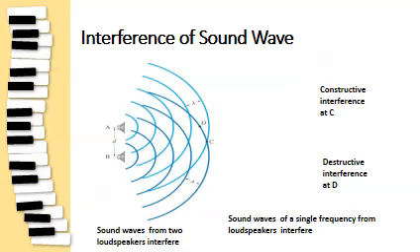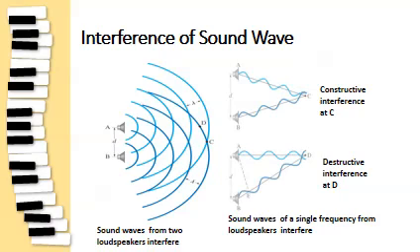The figure shows two speakers producing sound, and both of the waves will intersect each other. There's a point where the sound waves are in constructive interference, where you're going to hear the loudest sound.